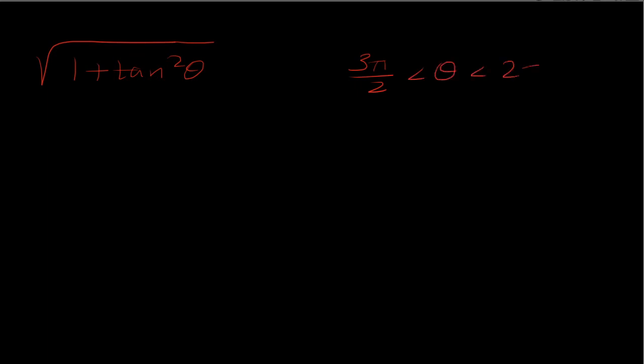The next one is the square root of 1 plus tangent squared, where the angle is between 3 pi over 2 and 2 pi. So 1 plus tangent squared is just secant squared. And taking the square root of that will be the absolute value of secant.